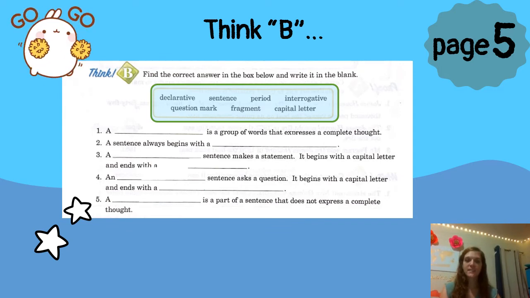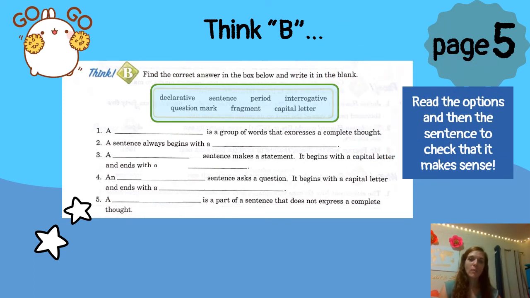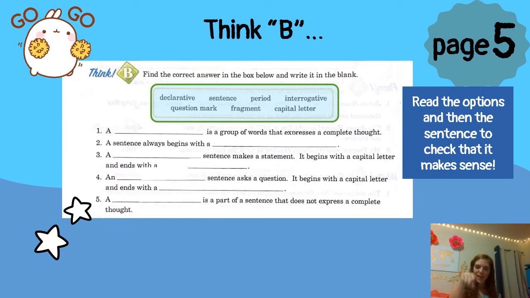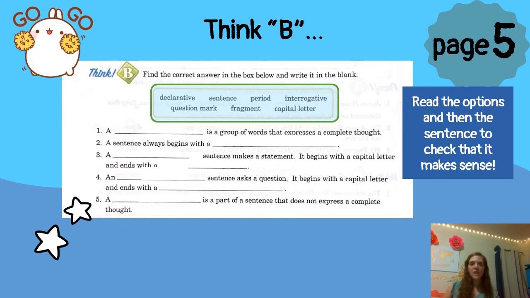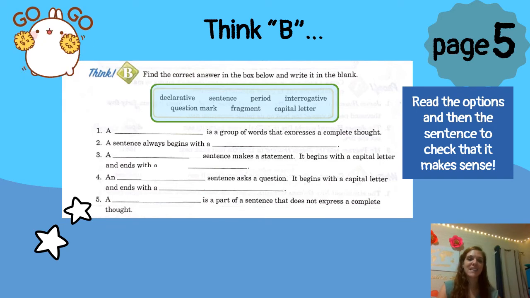It goes at the end of a sentence. Interrogative asks a what? Mario? Question. Okay. Question mark. It's what goes at the end of an interrogative sentence. Fragment is part of a sentence. It's trying to be a sentence, but it doesn't have a complete thought. And capital letter is the mayúscula that goes at the beginning of a sentence.